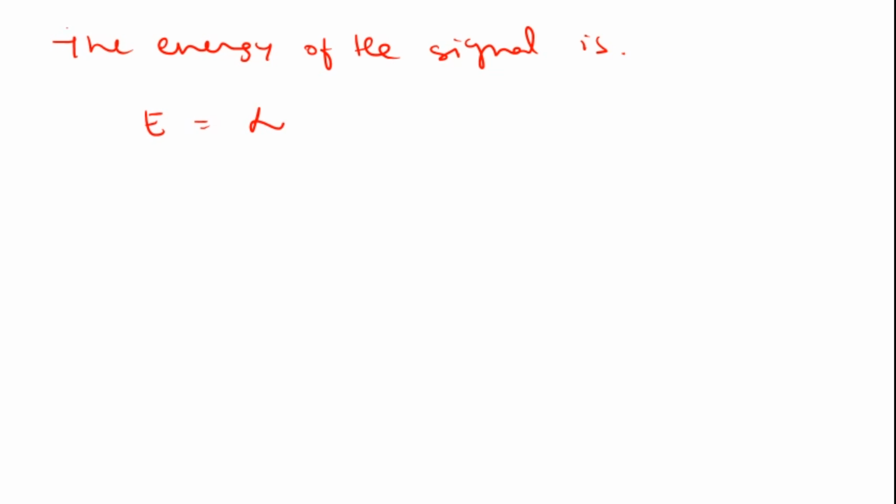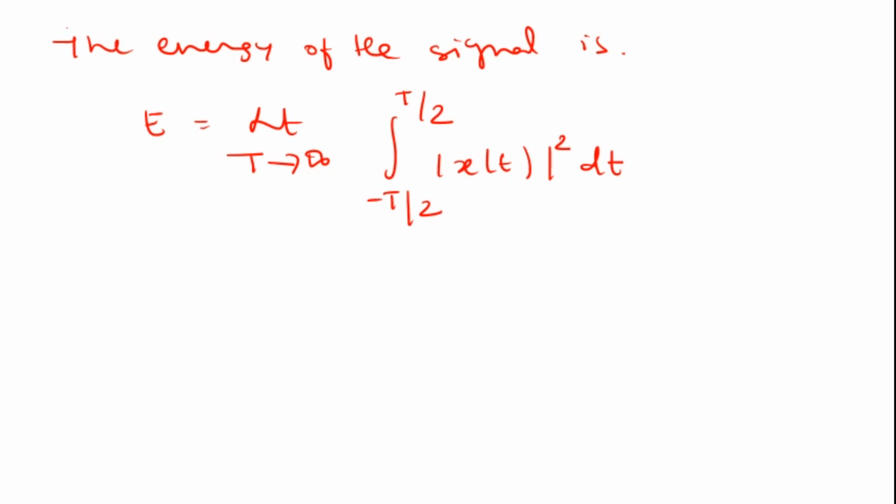Then the energy of the signal is defined as E is equal to limit T tends to infinity integration of minus T by 2 to T by 2 mod of x of t whole square into dt.